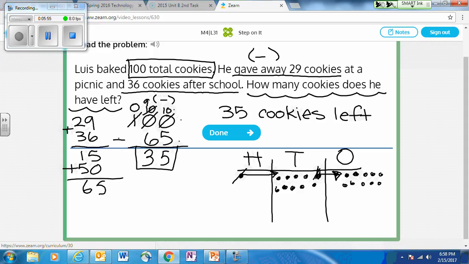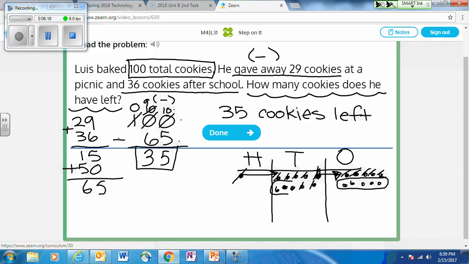Okay, can I take 5 away from 10? Absolutely. Let's do it. 1, 2, 3, 4, 5. I'm left with 5 ones, and I'm going to subtract 6 sets of 10. 1, 2, 3, 4, 5, 6.